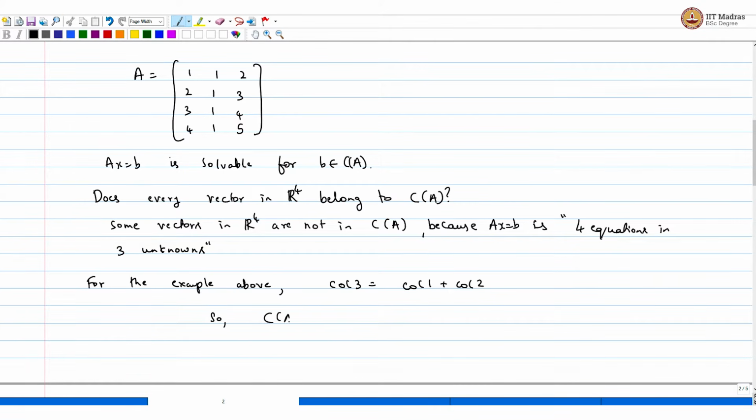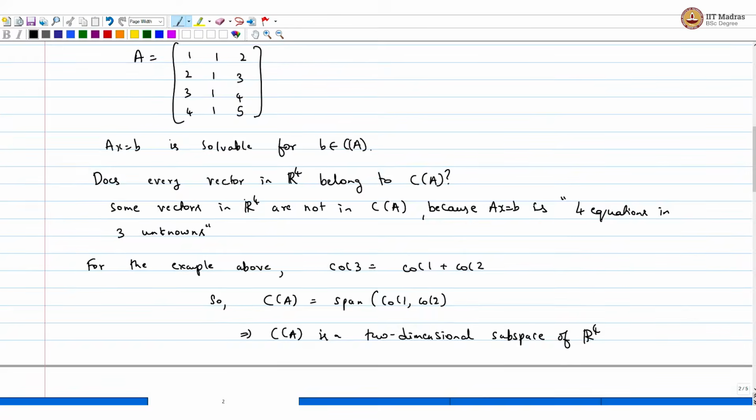So, the column space of A is the span of column 1 and column 2, which implies the column space of A is a two-dimensional subspace of R4. Hope this is clear. Now we'll go on to the very next page.